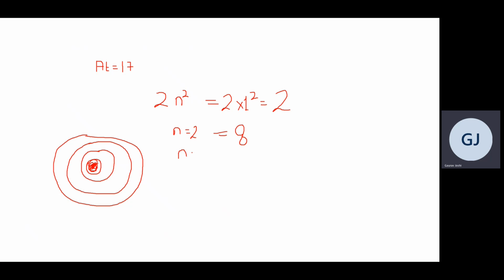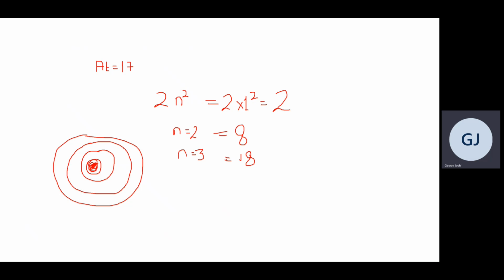If n is equal to 3, it will become 18: 3 to the power of 2 is 3 into 3, which is 9, and 9 into 2 is 18. For n equal to 4, it will be 32, and so on.